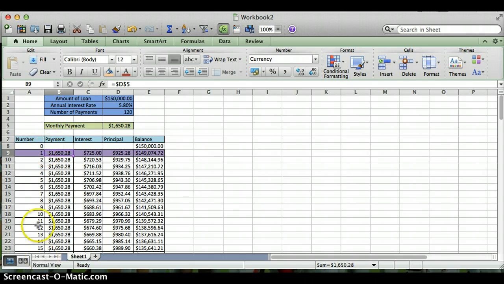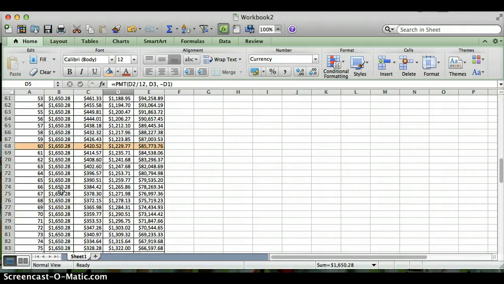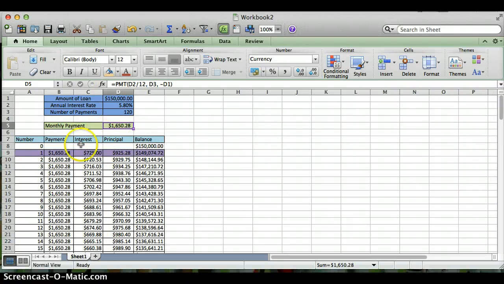That's my first column down here for how I'm going to pay off my loan. And as you can see, it's the same all the way down. It's just the number that's in D5, and that doesn't change throughout every single payment. So every single payment will be the exact same number.